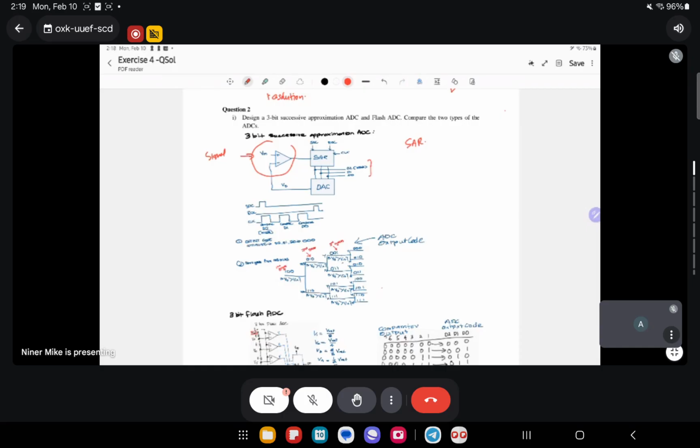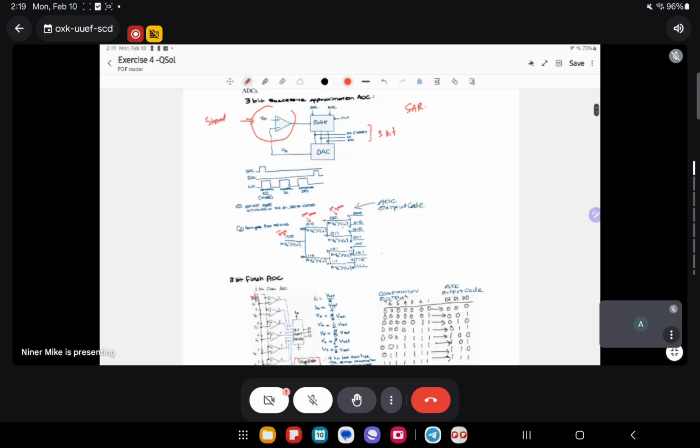Then the result comes out from the output of this ADC. If it's 3-bit, only 3-bit output. If 4-bit or 8-bit or 10-bit or 12-bit, the output will be that many bits.